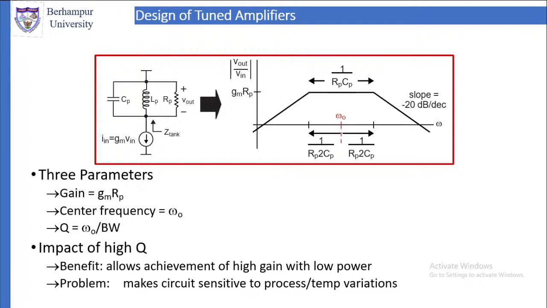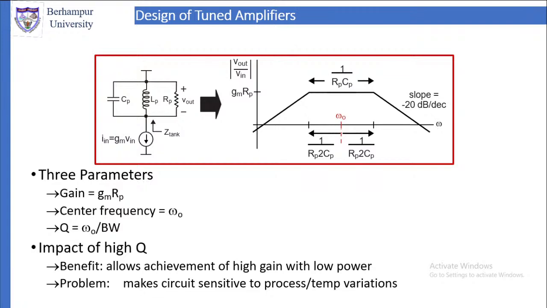Now if we have a high Q, then what will happen? If we have high Q, the benefit is it will allow achieving high gain. With high Q you can definitely achieve high gain with low power. That is a major advantage of having high Q. But at the same time there is a problem. It makes the circuit sensitive to the process and temperature variation.